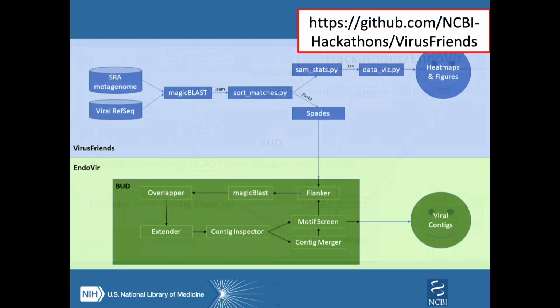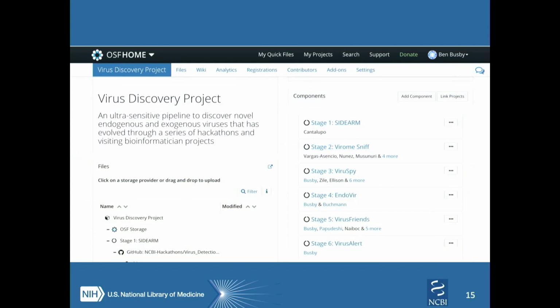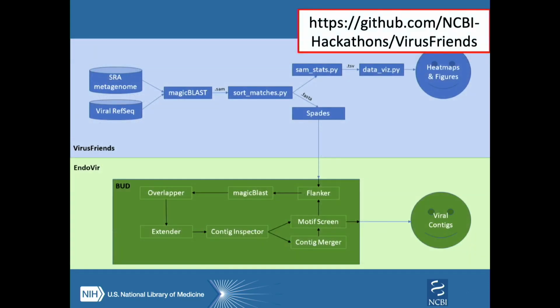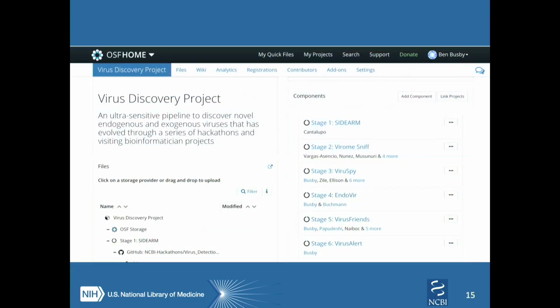So we've wrapped that in Python, then in collaboration with Rob Edwards' lab at SDSU, started looking at it in actual virus families. But one of the things I'm most excited about is, so we have these osf.io sites. These things have been done in a series of hackathons, and we can give everybody credit here.